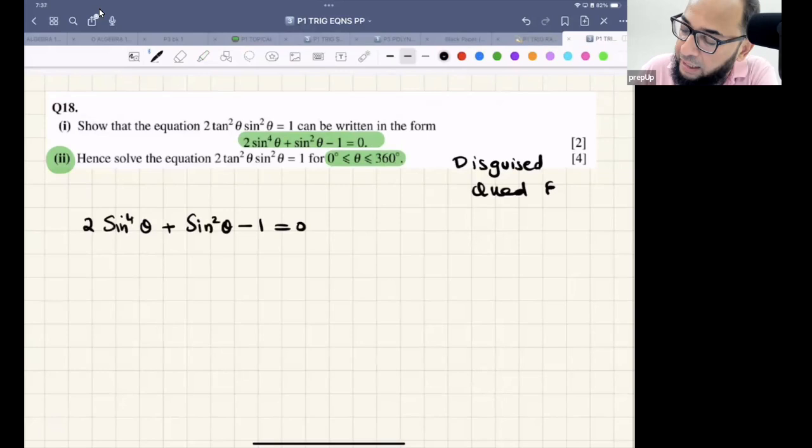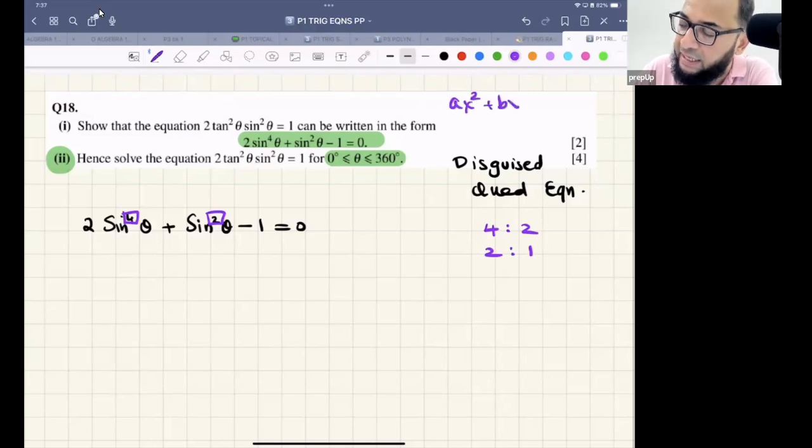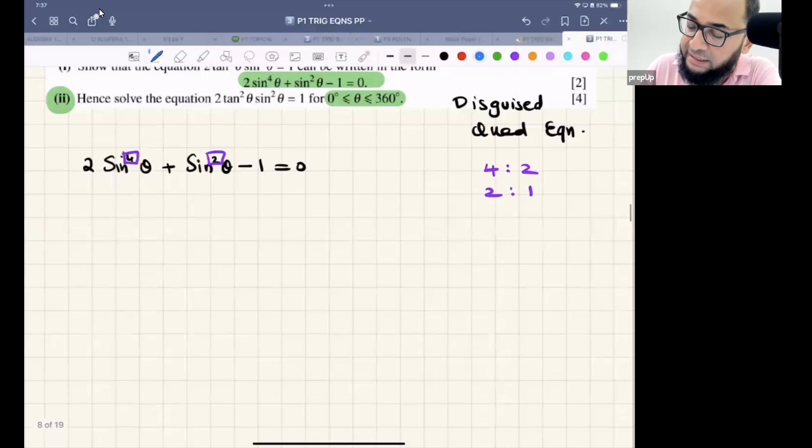quadratic equation. What is a disguised quadratic equation? The highest power and the second highest power are in a ratio of 2:1, like ax square plus bx plus c equals 0. So let's make a substitution. Let m equal sine square theta.